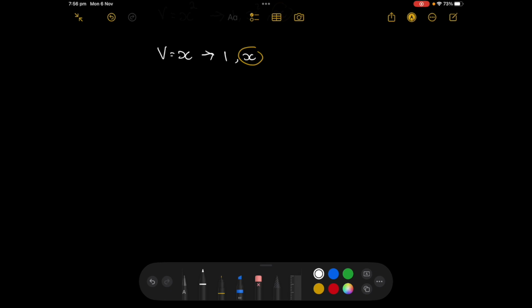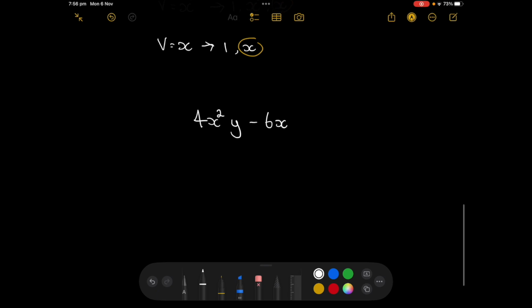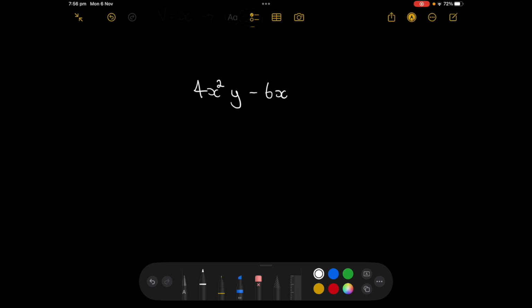Okay, let's look at a slightly more difficult example. So we have the equation 4x squared y minus 6x. Now, this equation has 3 different variables or items that we need to look at for common factors. So let's start with our coefficients.